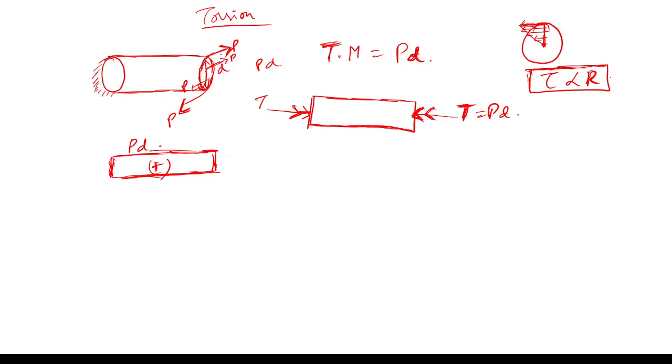For example, see what one person has asked is, you are having a cross section like this, and you are giving a load like this. That is the thing you asked, right? Yes, sir.